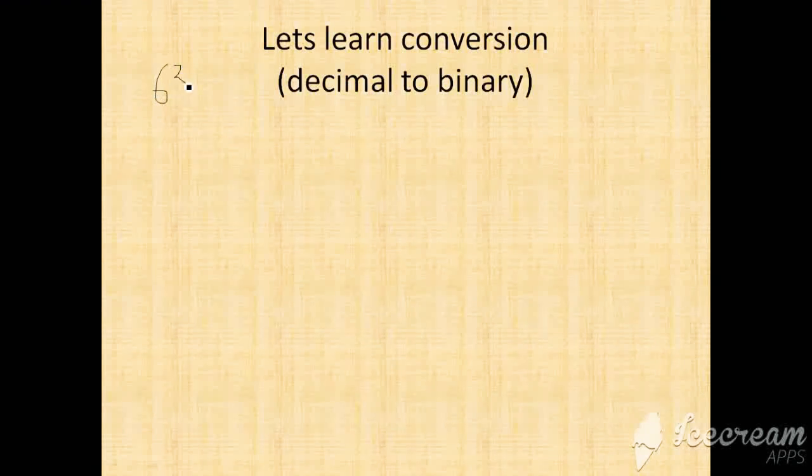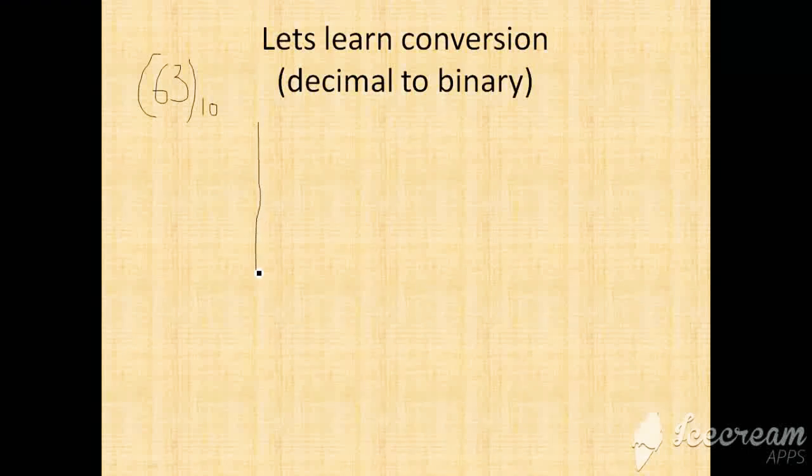I will be converting 63 to binary because our computer understands binary. Actually octal and hexadecimal are an easier way to reach binary, but at the root level the computer understands binary language only, right? So let's convert this 63.